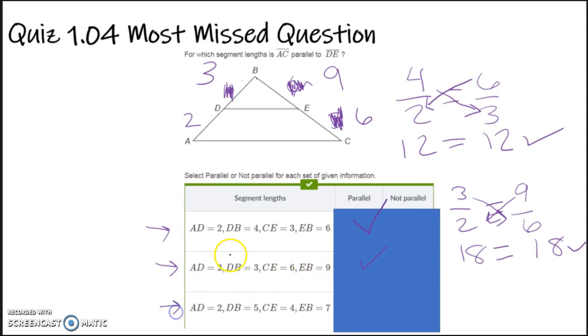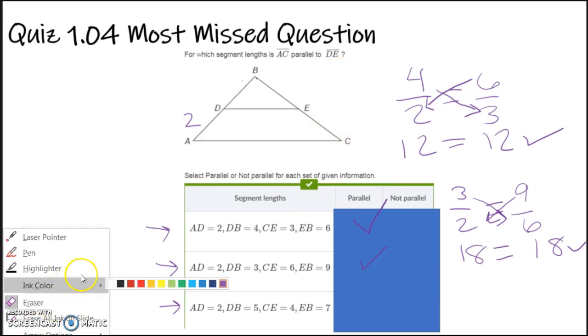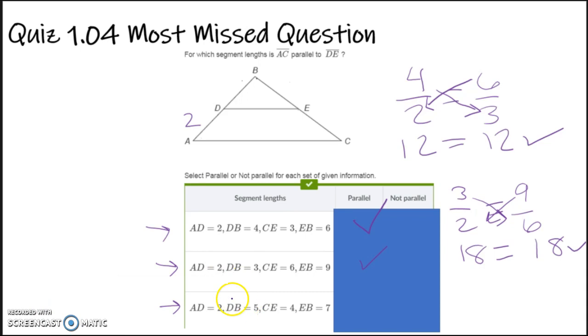What about this last one? Let me erase these other ones here real quick. We're keeping AD as 2. They want to keep AD as 2 for some reason on these. So if AD is 2, DB is 5, CE is 4, EB is 7.